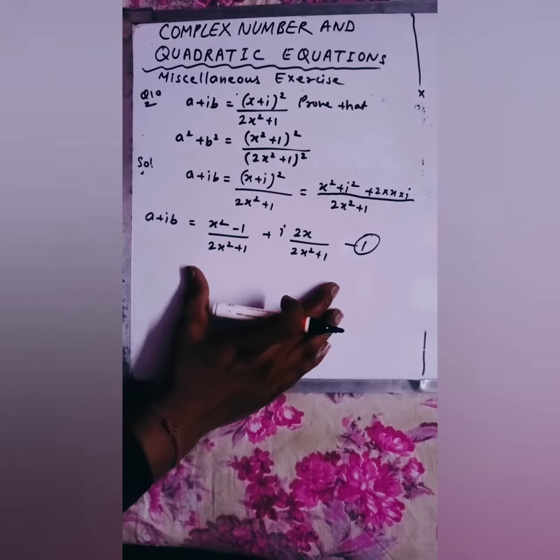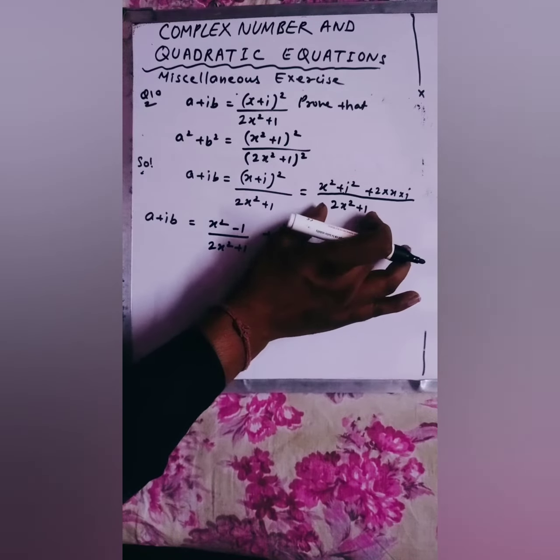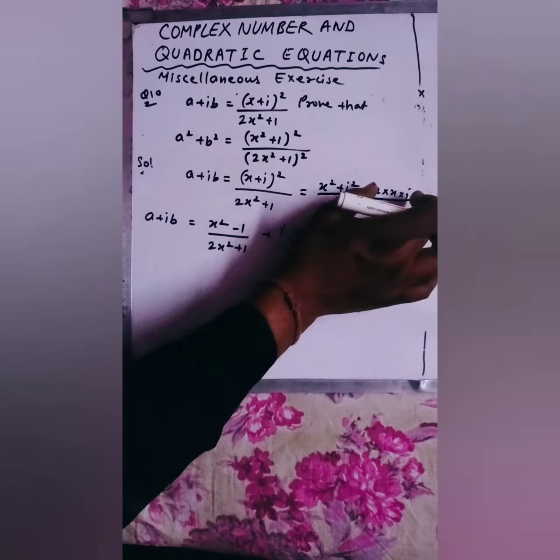You got it? In this step, x square minus 1 will come, and I'm shifting this denominator in the numerator of this and in this one.